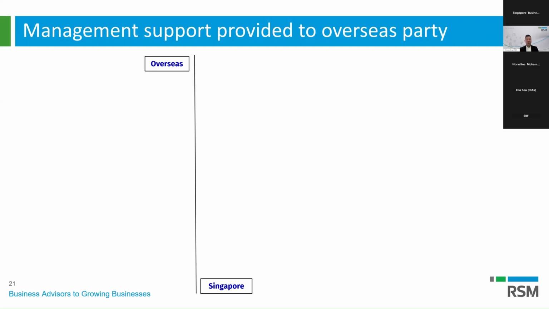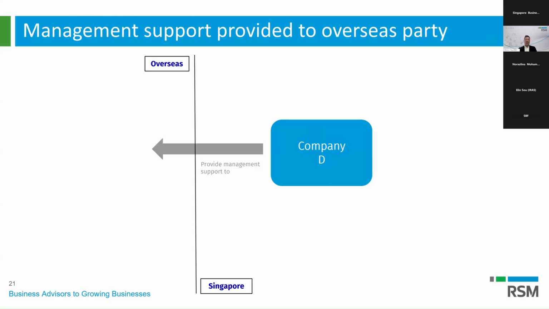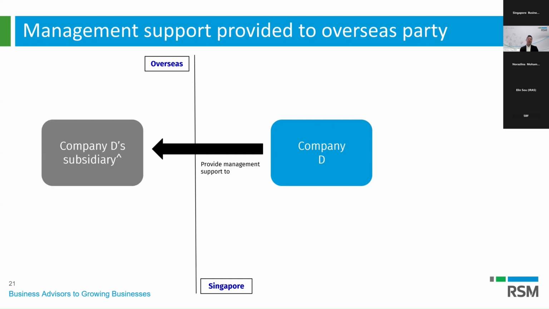Most of us are a GST registered entity here, with BFE here, meaning we have officers and staff here. Imagine yourself now working for company D, and you sign a contract with your related company to provide management support services.